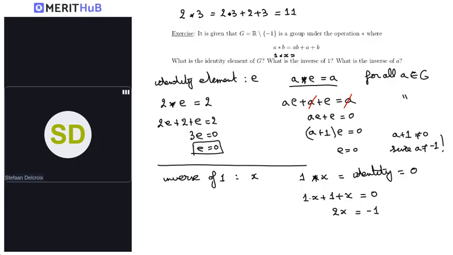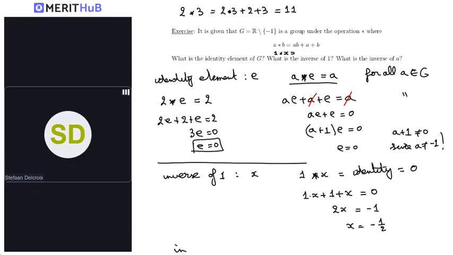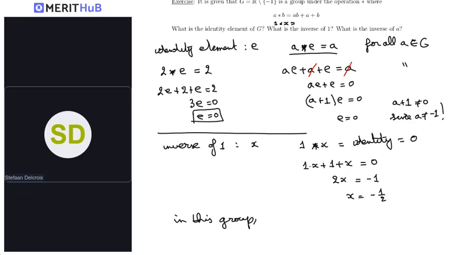X is negative a half. So very weird. In this group, the inverse of 1 is negative a half.